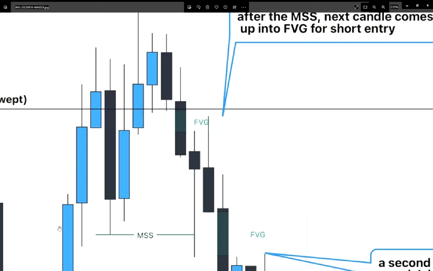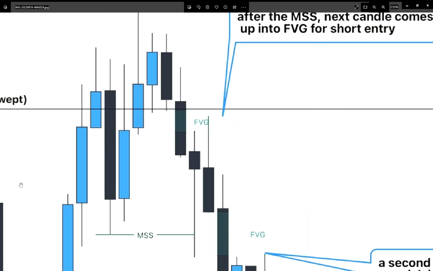So what we're looking for is the gap between the low and the high. So 1, 2, 3. Now that gap is between 3 candles, between candle 1 and candle 3.